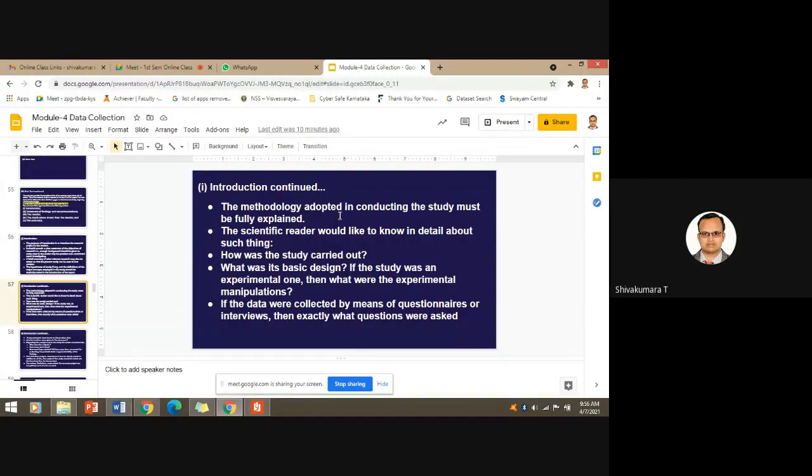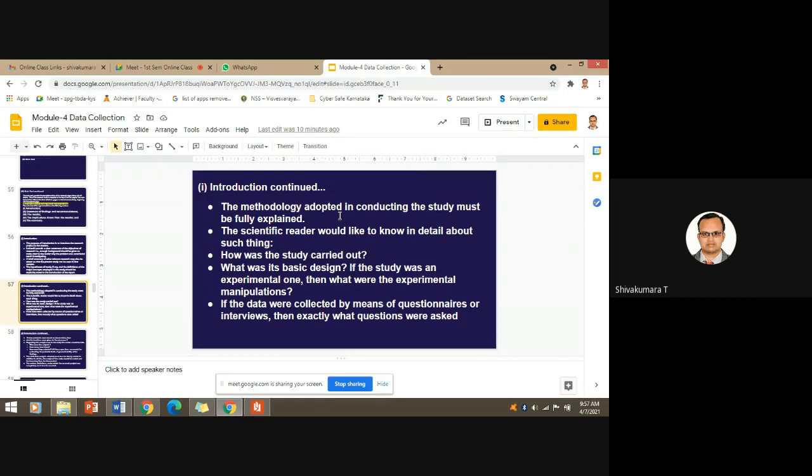So how was the study carried out? What was its basic design? If the study was an experimental one, then what were the experimental manipulations? All that information you collect and write in your own words under the introduction part.